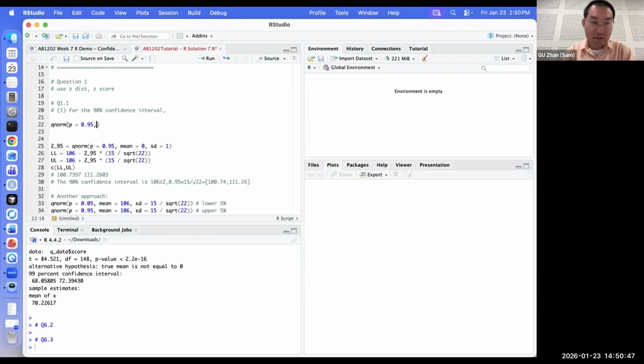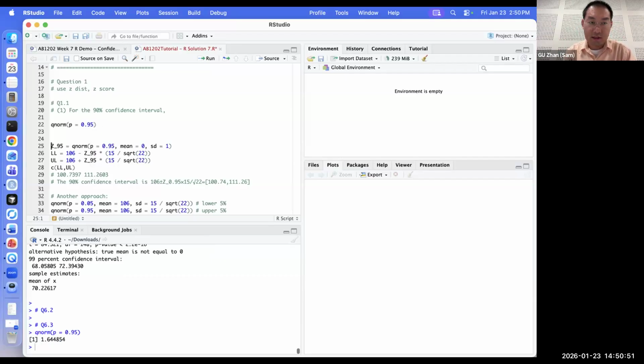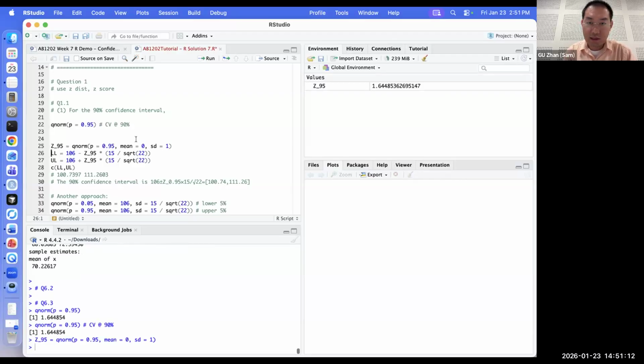The mean value and the standard deviation you do not need because it is the standard normal. It's going to give you the score 1.64. So this is the z-score, or called the critical value, at 90%. So we can say z 0.95 is 1.64.